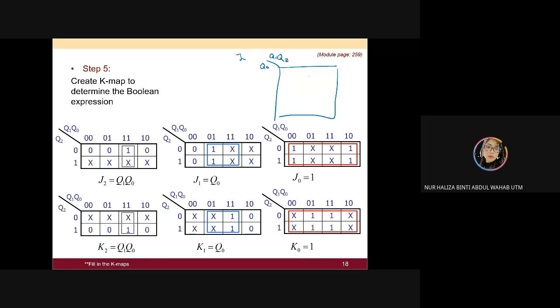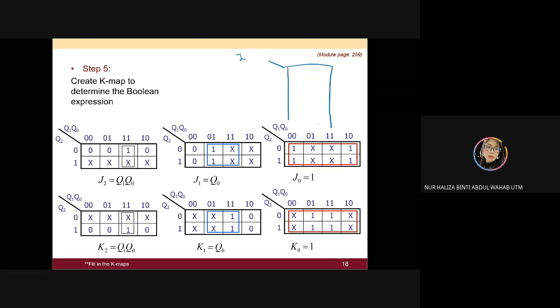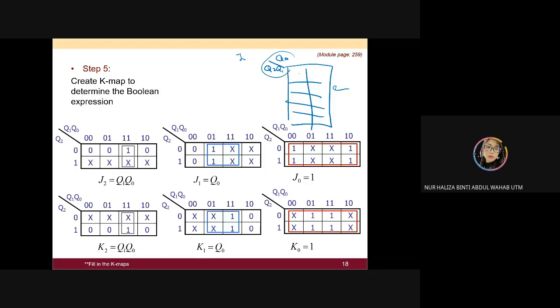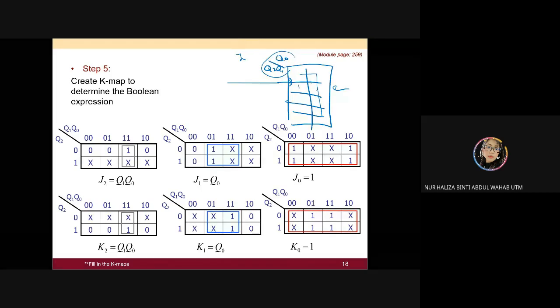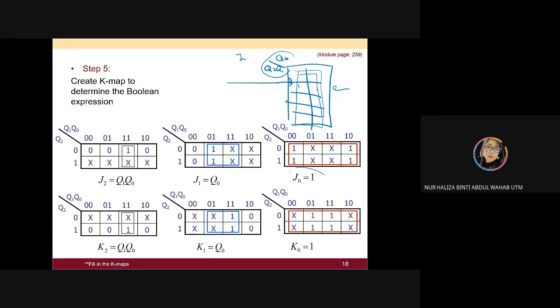Or maybe you're going to do it like this: Q2, Q1, and then Q0. It doesn't matter in terms of the representation, but how you fill in the value depends on your K-map and your table here. You put the values in the correct place and you group them. Then you will get a similar output.